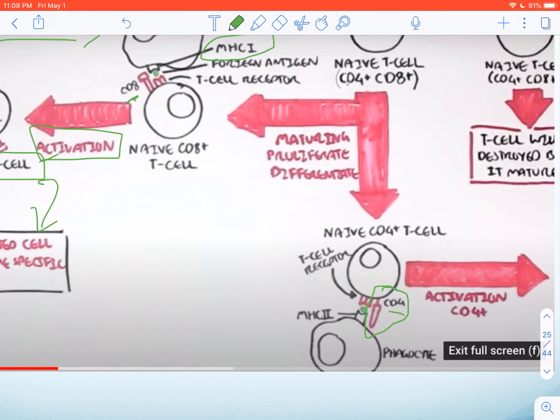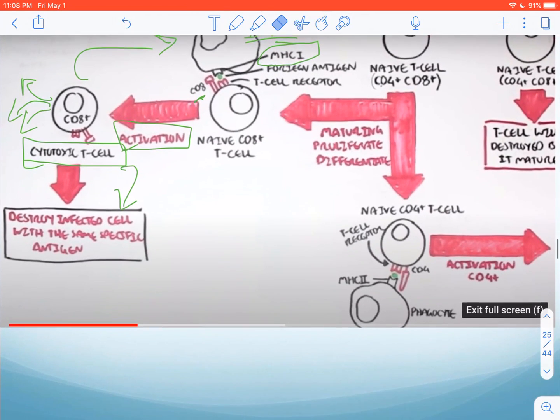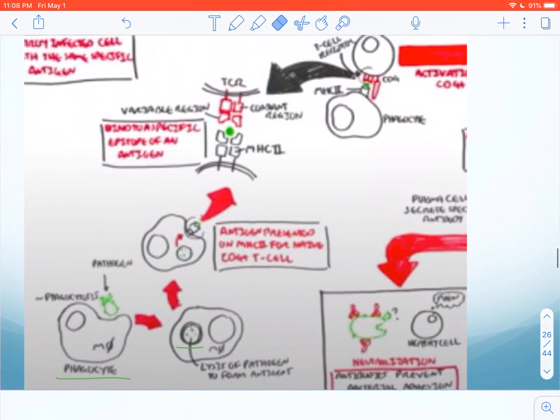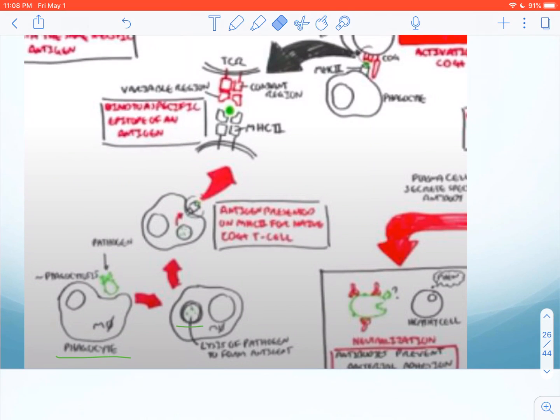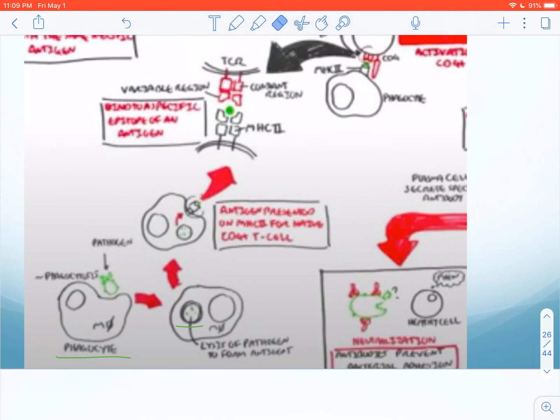CD4 T cells have a different job, and we've talked a little bit about how this works in general. Now we have a cell like a phagocyte. So this is going to engulf. This is a white blood cell, the innate immune system.